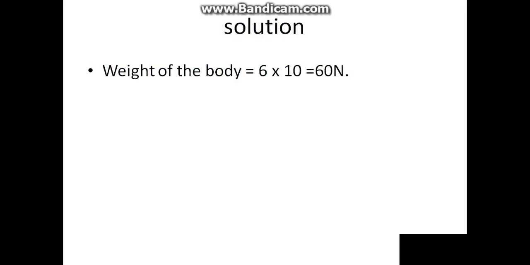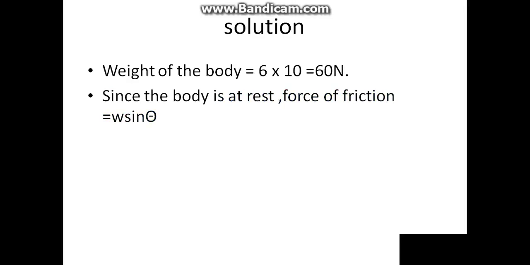Solution: weight of the body is equal to 6, the mass, times 10, the force of gravity, which will give us 60 Newton. Since the body is at rest, force of friction is equal to weight sin theta. That is 60 sin theta, which equals 30 Newton.